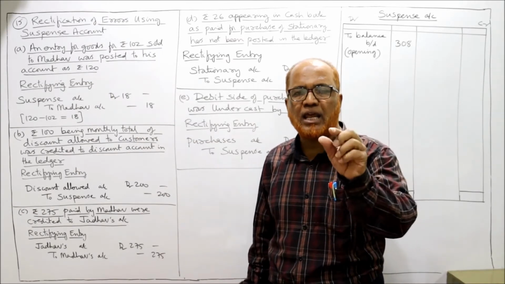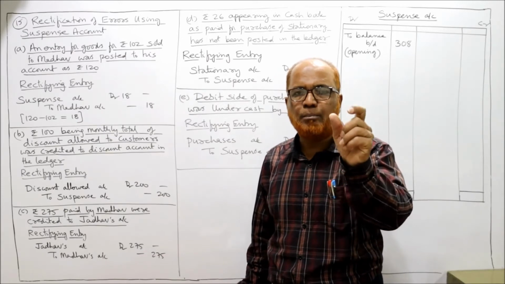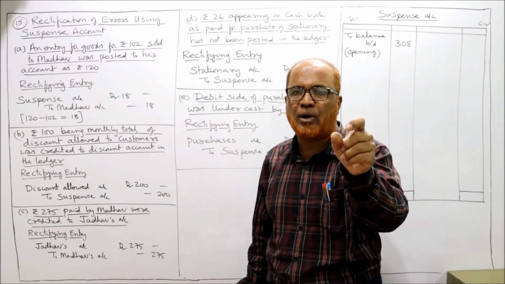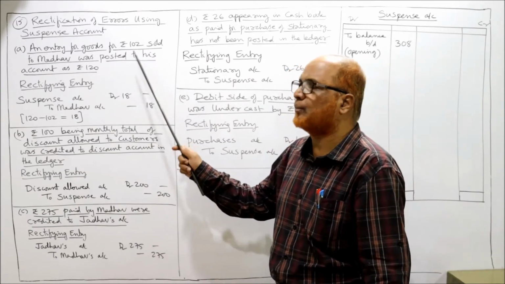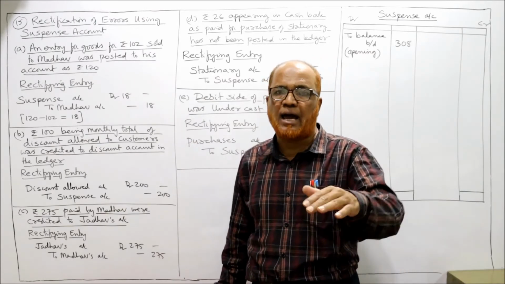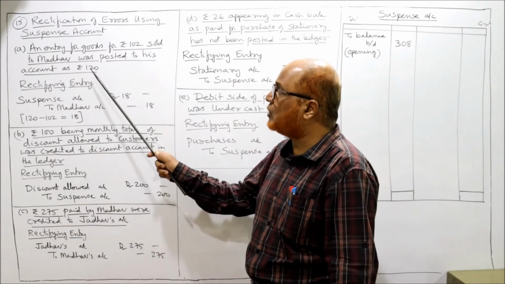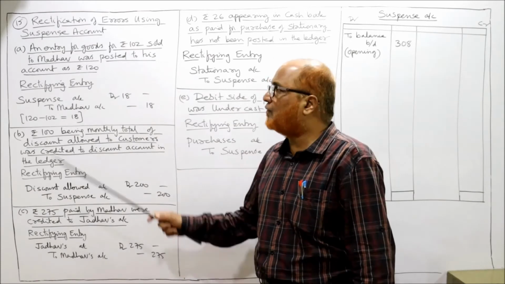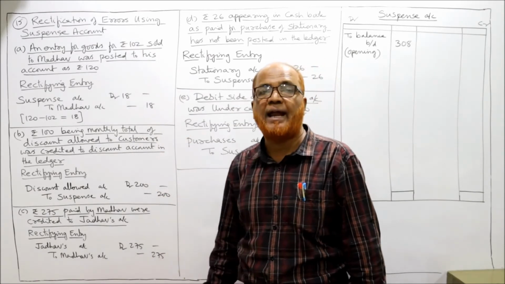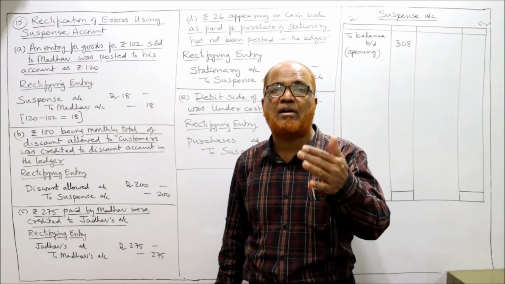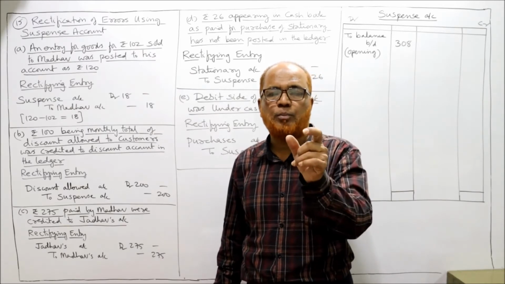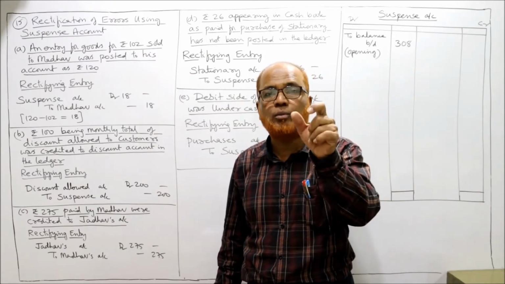Madhav account debit to sales. There is no error in sales. In Madhav account, actual amount to be debited is 102. But by mistake, amount debited is 120 rupees. So 120 minus 102, 18 rupees more we have debited to Madhav.